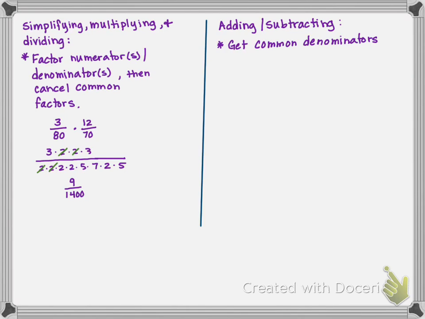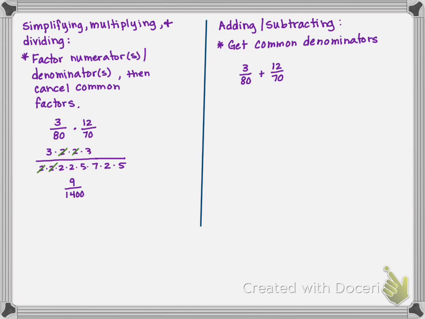So let's use just those same fractions. If I wanted to add 3 over 80 to 12 over 70, initially, I might not know just by looking at that what my common denominator would be. And if you can't tell just by looking at it, we can use prime factorization to find the LCM, just like we use prime factorization to find the GCF.